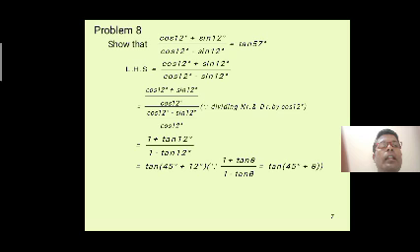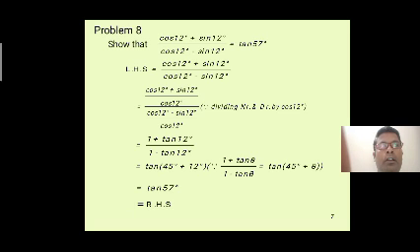Now apply the tan of A plus B formula, we get tan of 45 plus theta, and here in the place of theta we write 12, that is tan of 45 plus 12. Finally 45 plus 12 equals 57, we get tan 57 degrees.